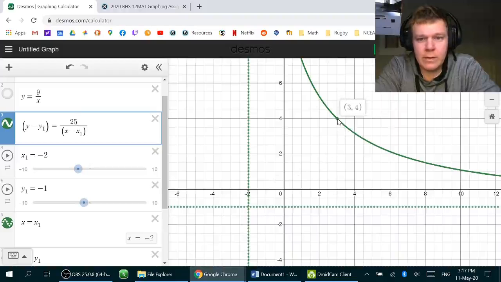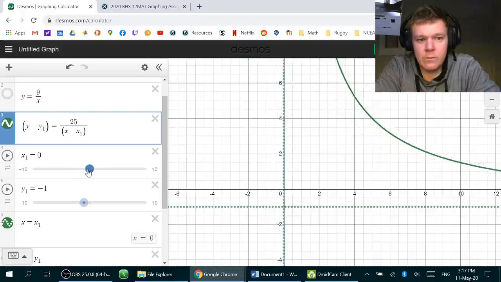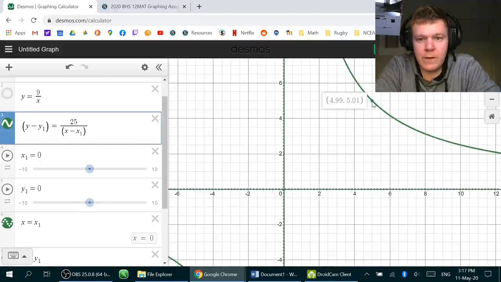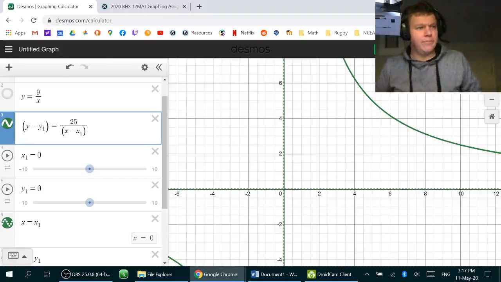So this point here, if you think about it, if we took these back to 0, well, that point is 5, 5. 5 times 5 is 25.